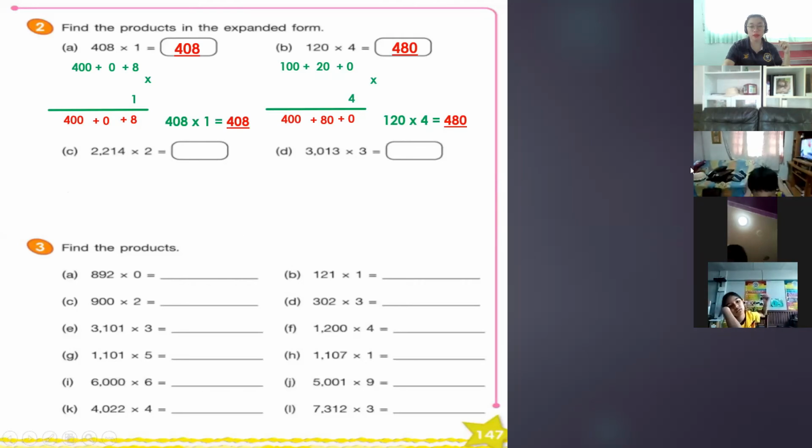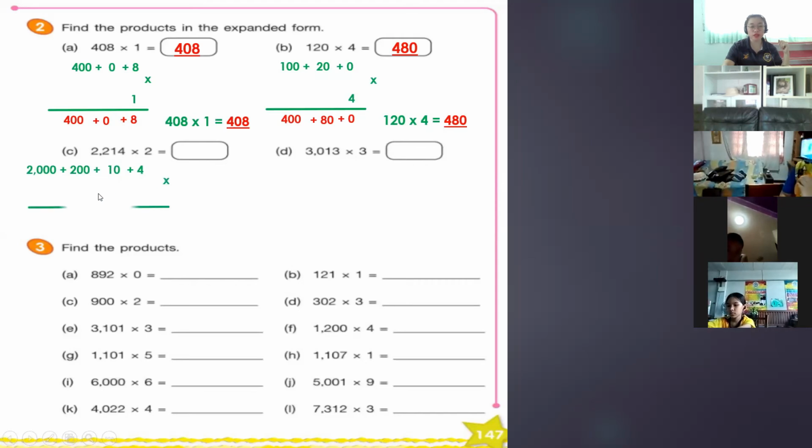Next is letter C. We have 2,214 multiplied by 2. What is the expanded form of 2,214? We have 2,000 plus 200 plus 10 plus 4.